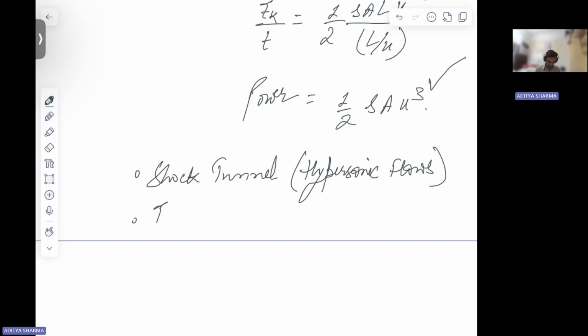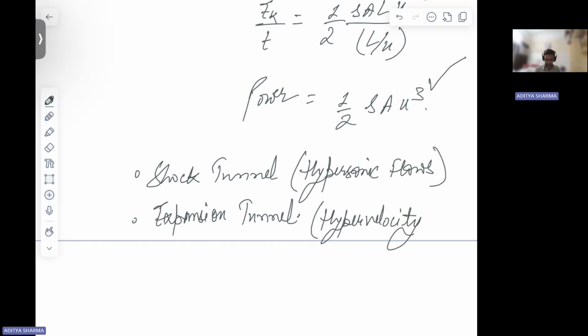And there are expansion tunnels, which can generate hypervelocity flows.